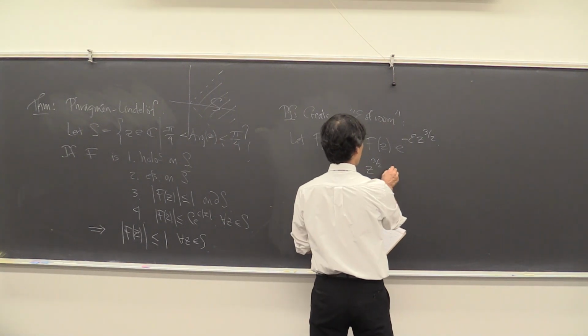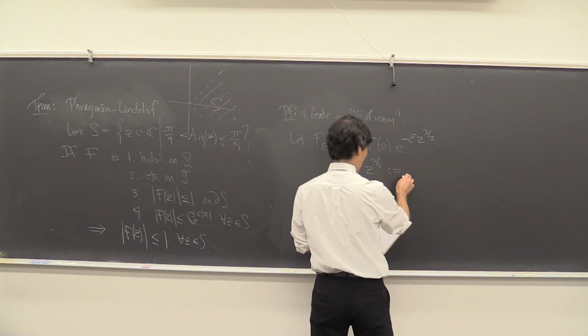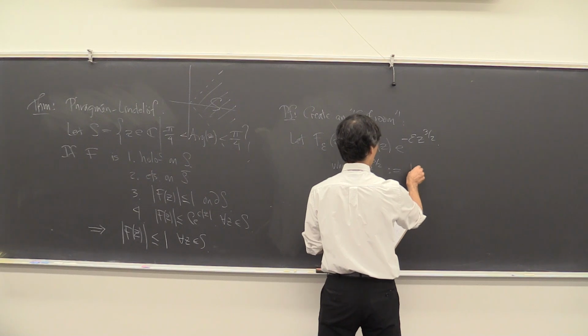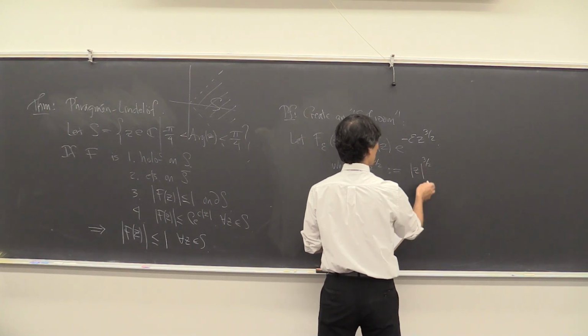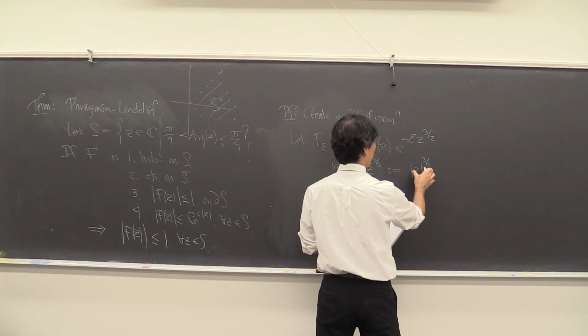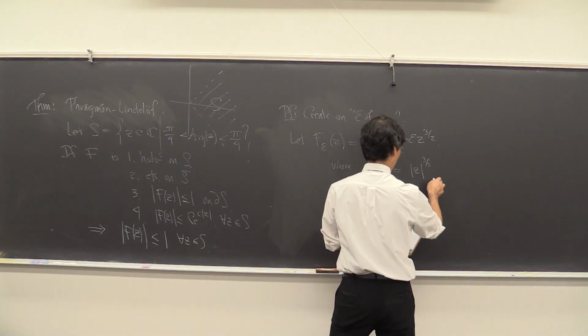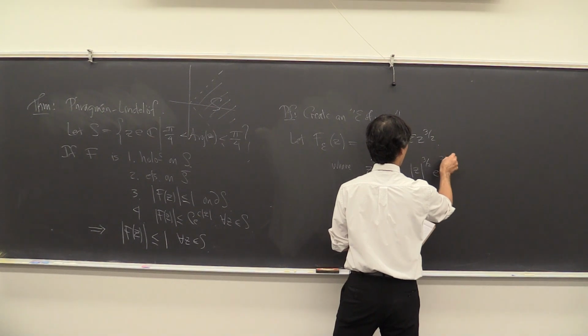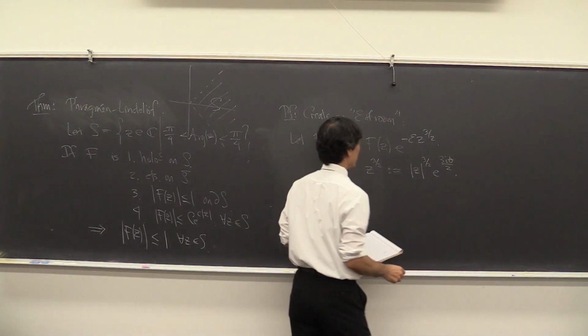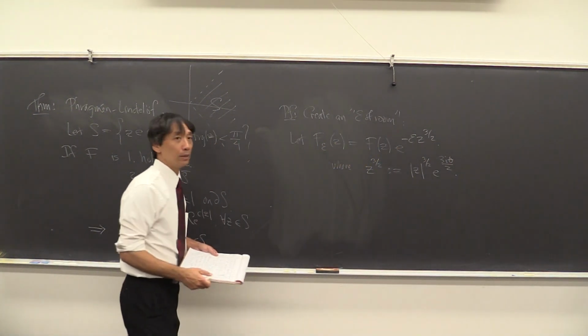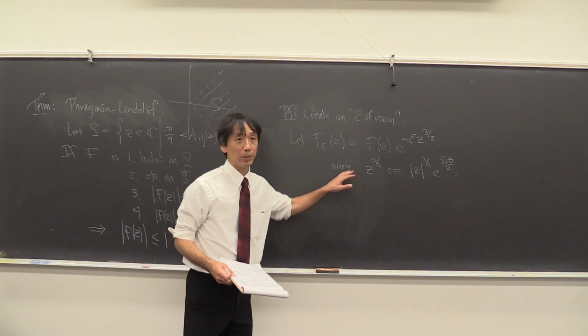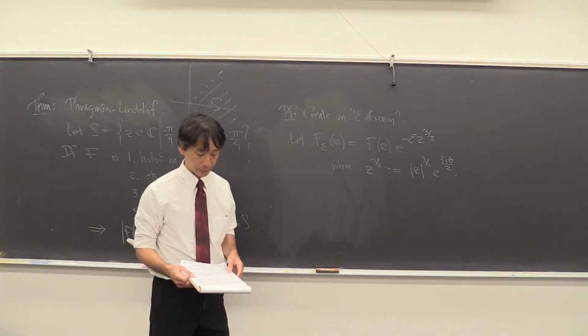So this z to the 3/2 is just the positive 3/2 root of the modulus times e to the 3i theta over 2, using the principal branch of the logarithm.